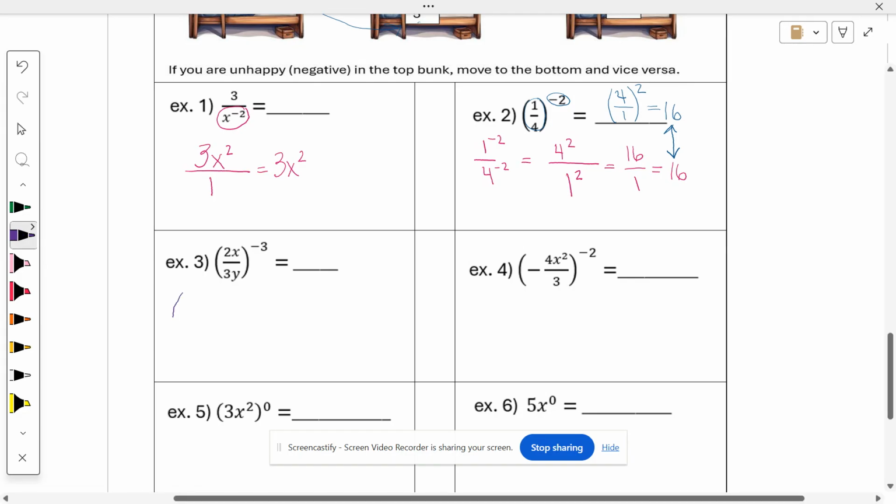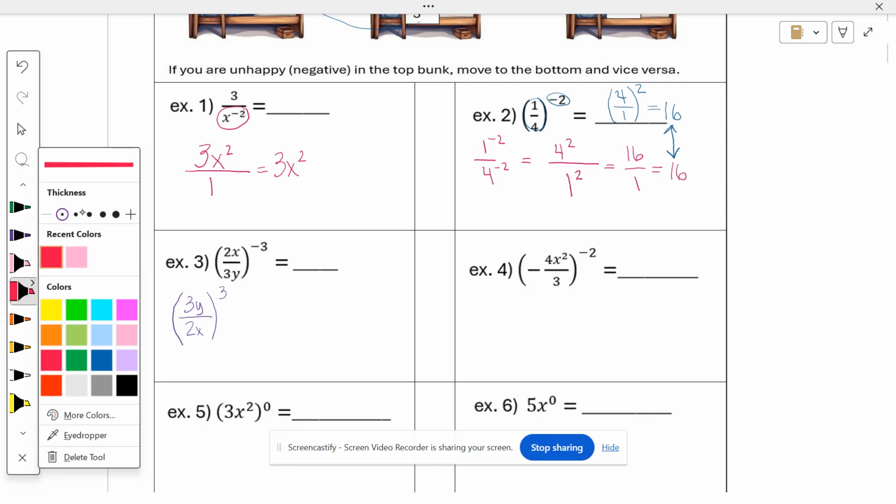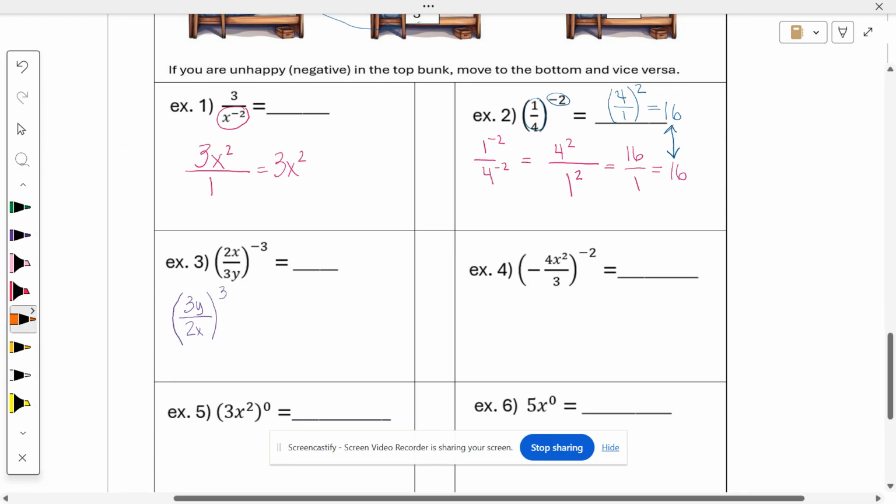So again, if I want my exponent to be positive, I have to write the base as its reciprocal, 3y over 2x. And now that is to the positive 3 power. So I have to distribute this power to every term inside of the parentheses.